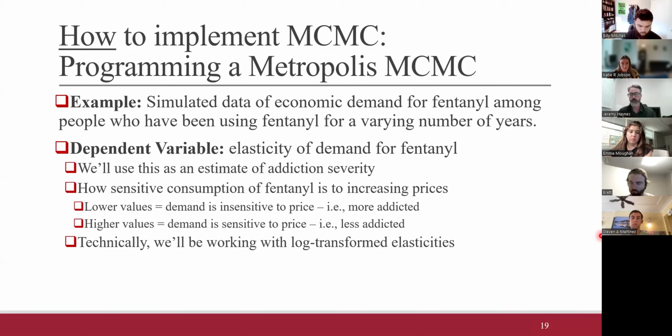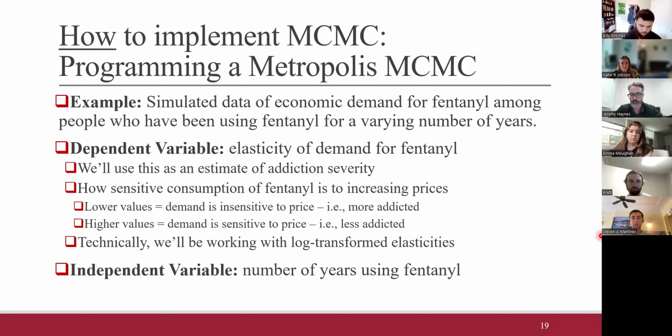And the long and short of it is that a higher value for elasticity means that the individual is less addicted, and a lower value means that the individual is more addicted to fentanyl. There's a lot more to do with elasticity, but that's how we can kind of interpret it. And technically speaking, we'll actually be working with log elasticities because those would not be normally distributed unless we logged them. And then the independent variable is the number of years using fentanyl.